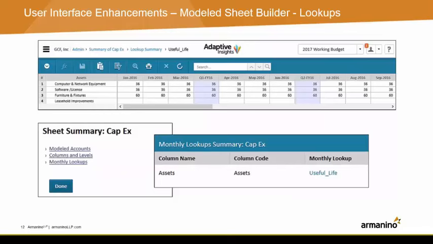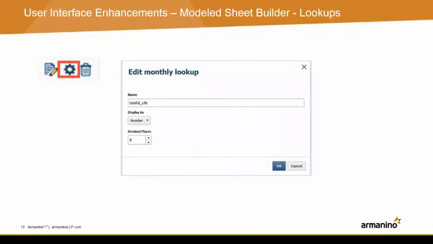These lookups can also be accessed from the sheet summary page we saw at the beginning. If you only need to edit the lookup settings, you can click on the little wheel icon to change the name, display type, and decimal places. Other elements are added or edited in a similar fashion using the right-hand pane and properties included there.